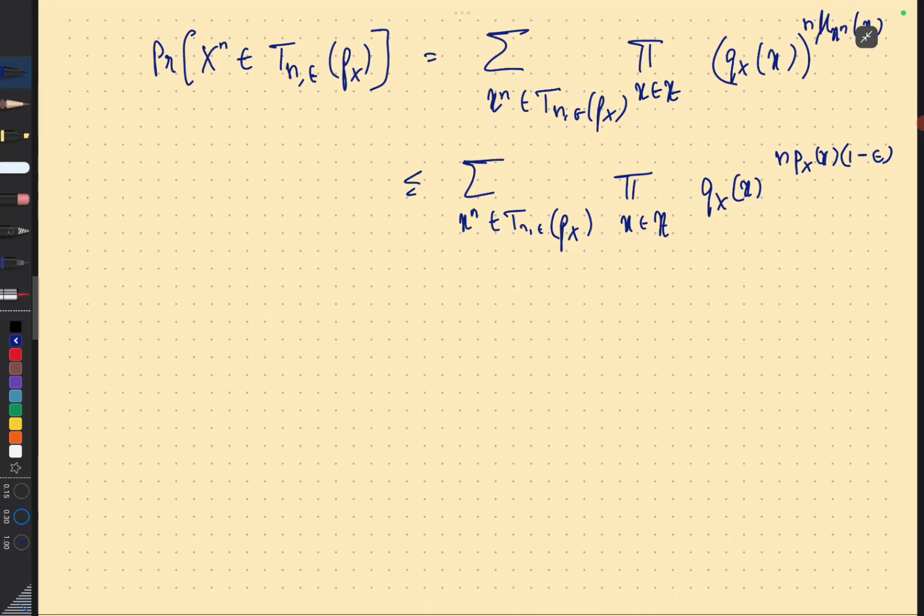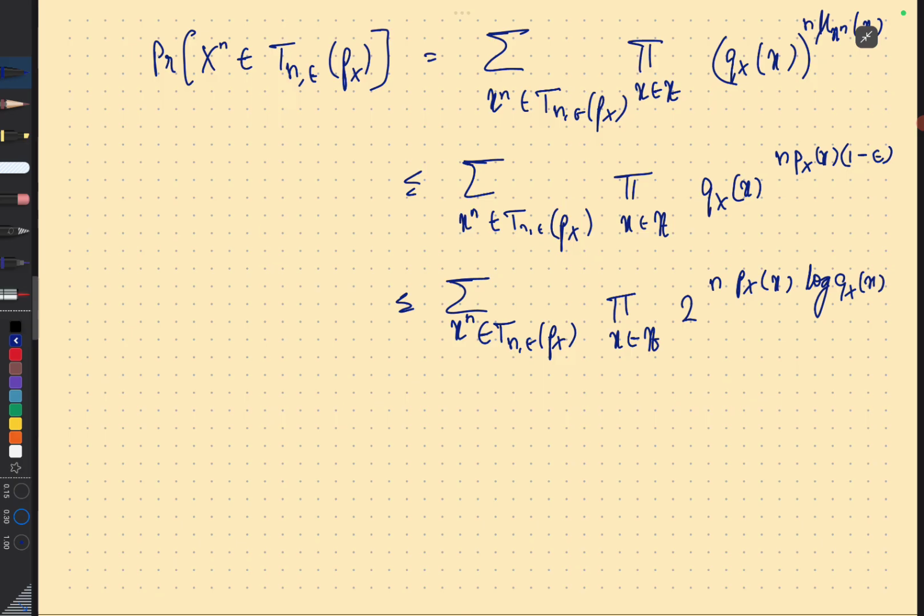Okay, so this is less than or equal to the sum over all x^n in the typical set of 2 raised to n times p_X(x) log q_X(x), times 1 minus epsilon.